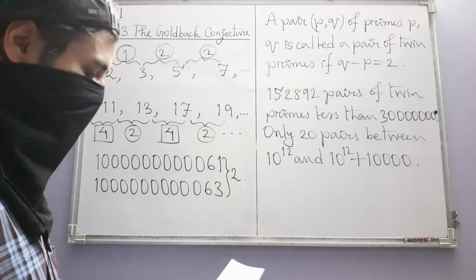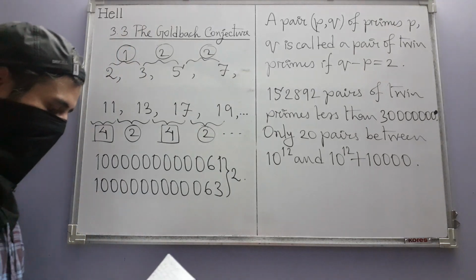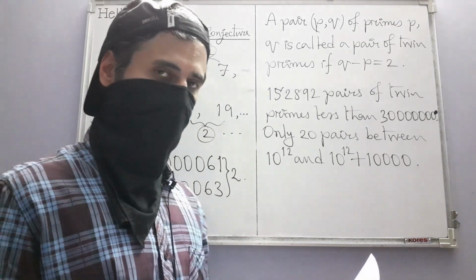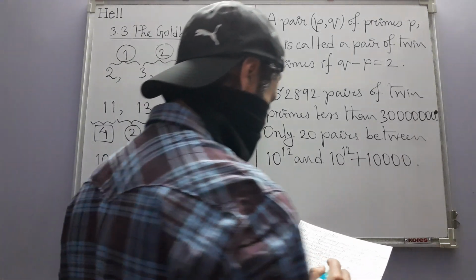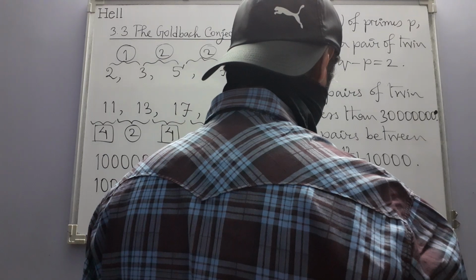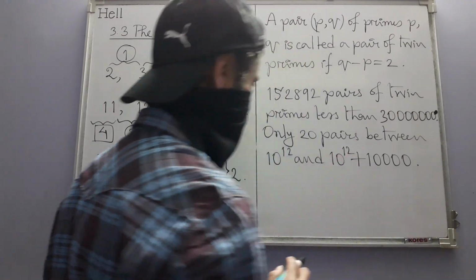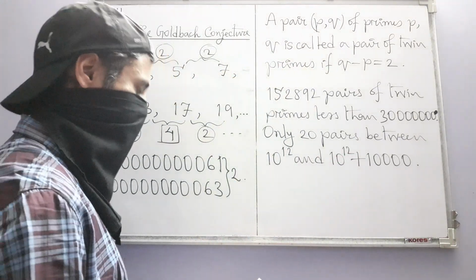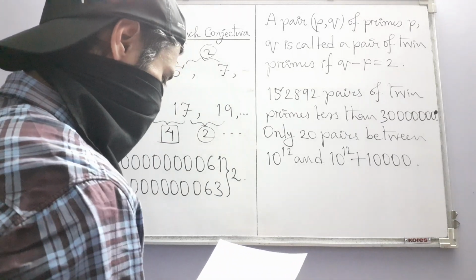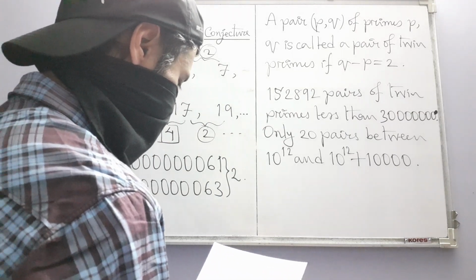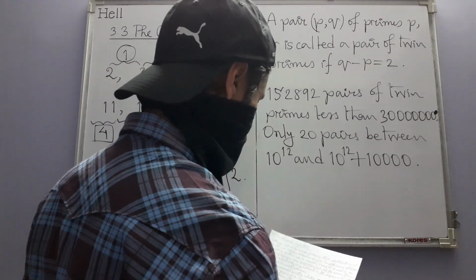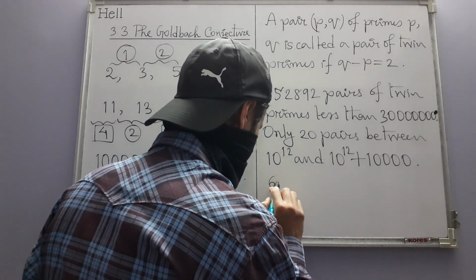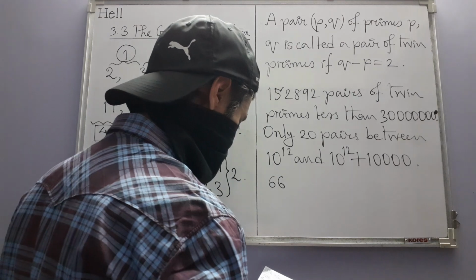That is still unknown. Now, at the time of writing the book, the author says that the largest to date, meaning in the year 2000, is this pair of extremely large numbers. The two numbers have been given. Let me write them down.